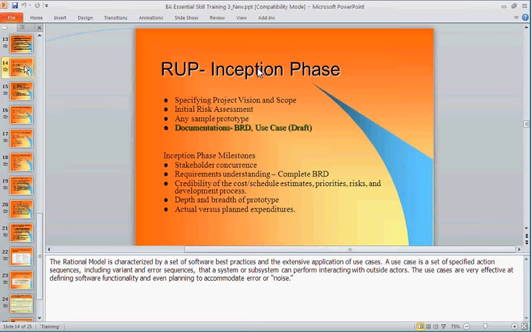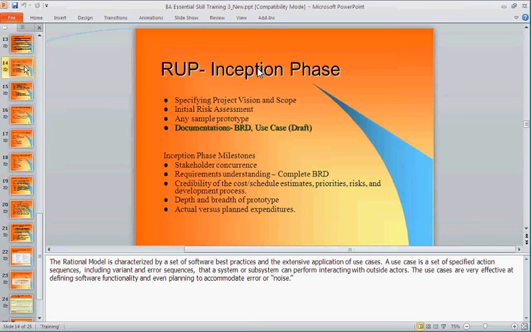Tedious, right? Yes or no? The same requirements document being updated every iteration, every phase, right? For 3 years. Can you imagine that? So it can become very tedious.